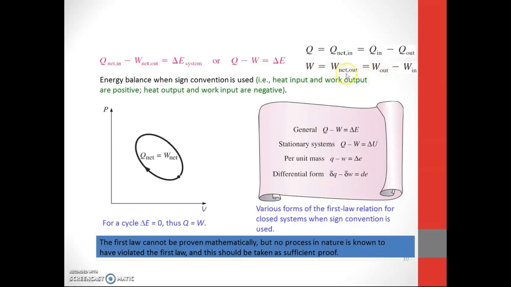Therefore, the subject is work net out, so we put work out minus work in. By using this equation, you put it here. So Q net in minus work net out.